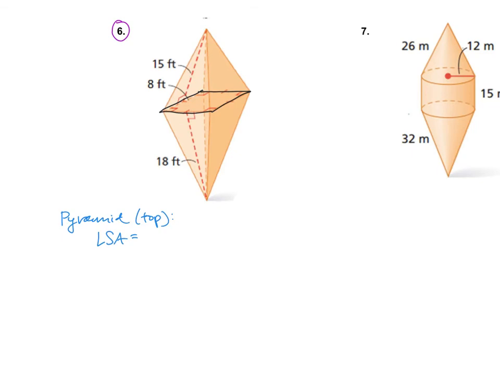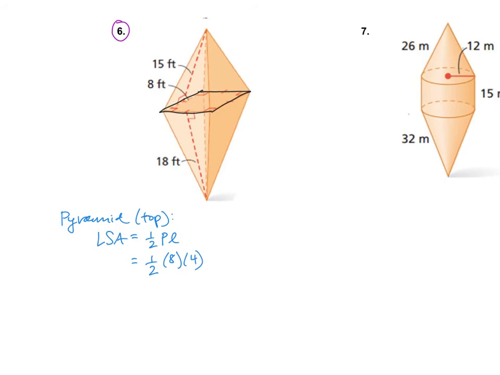Well, that's going to be 1/2 P times L. Now, what do those stand for again? Well, the P is going to be the perimeter of the base, and the L is going to represent that slant height. So we can easily see our base, all of the sides are going to be congruent, so we're looking at a square, and one side's 8, so the rest of the sides are going to be 8. So we're going to have 1/2 times the perimeter, which is going to be 8 plus 8 plus 8 plus 8, which is just 8 times 4.